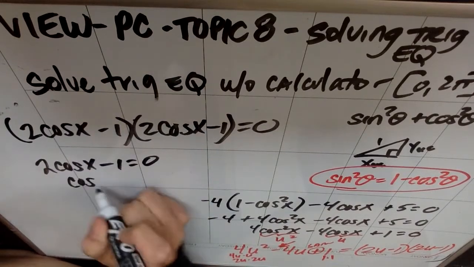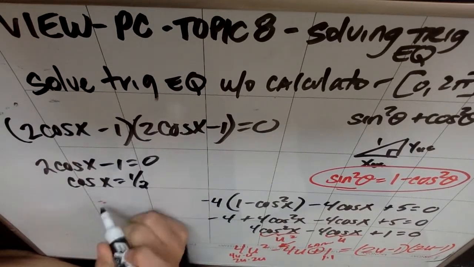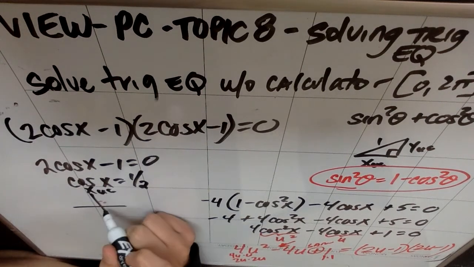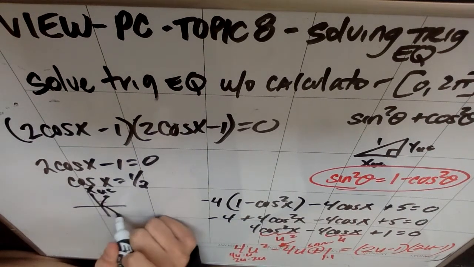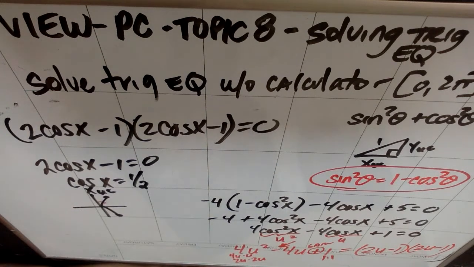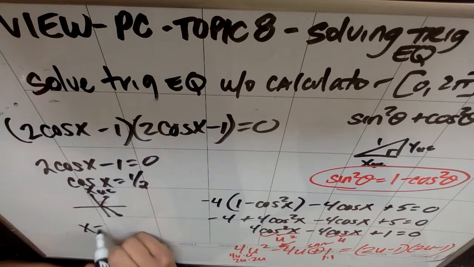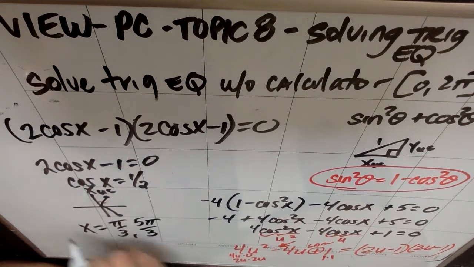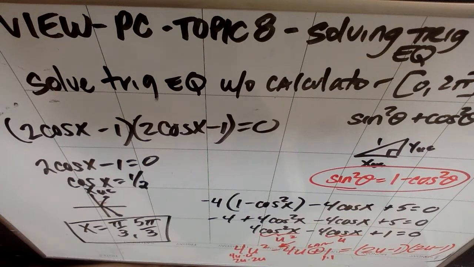So I'm just going to get that the answer is whenever cosine of x is 1/2. Well, the cosine is the x on the unit circle, and the x's are a half at the pi over 3's. And if I want the x's to be positive, I need to be to the right of the y-axis. So my answer is going to end up being that x is pi over 3 and 5 pi over 3. Just the 2 answers on this one. Okay, so a lot of work, but just the 2 answers.